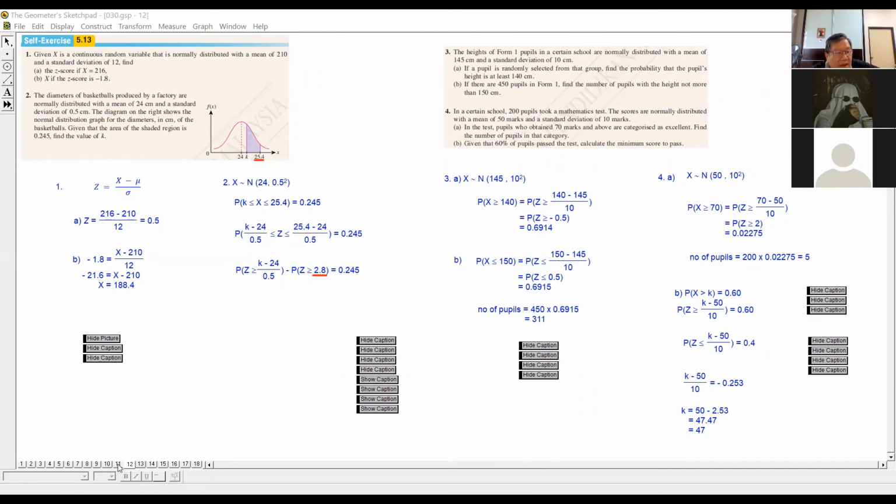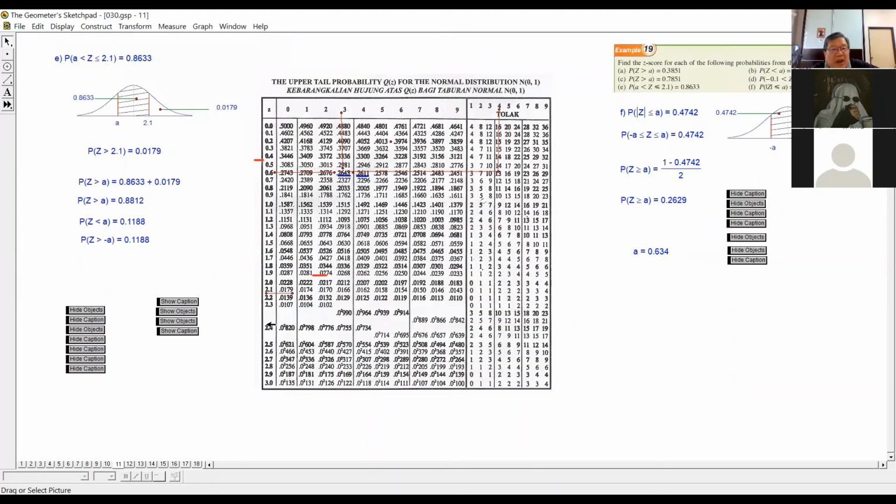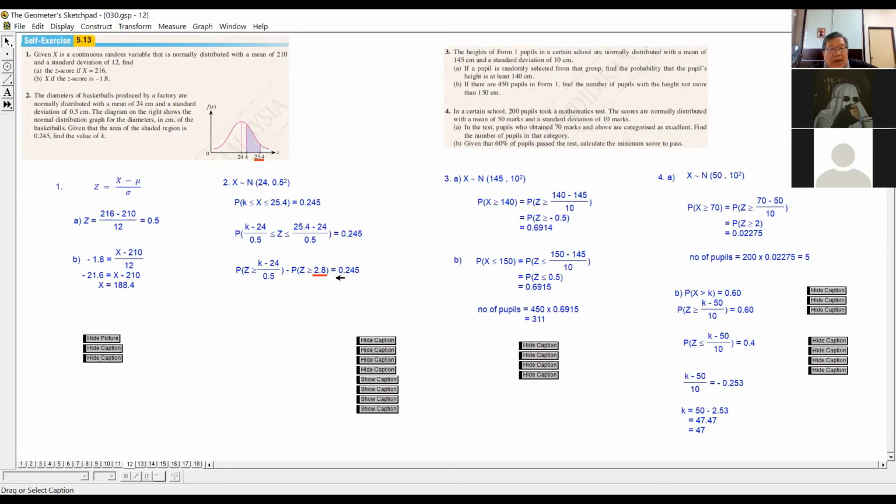Or you look at the table, 2.8. Oh, here, 0.00256. Is that correct? Never mind, we use the calculator and see. Yes, correct, 0.00256. So the probability of z greater than 2.8 is this probability.